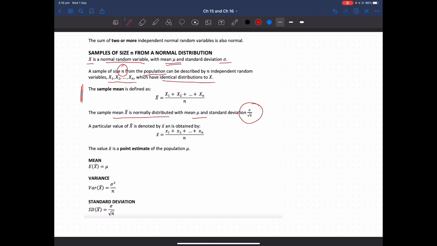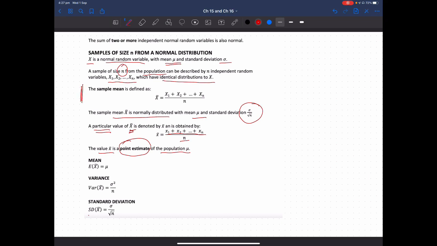So a particular value of the mean of x is found by adding together all those values and dividing by n. This value, the mean of x, is an estimate, a point estimate of the population.